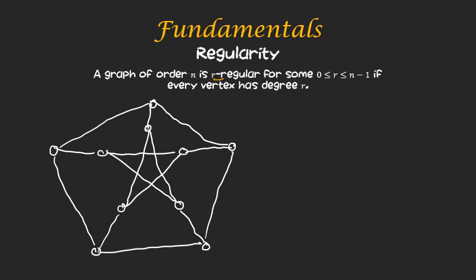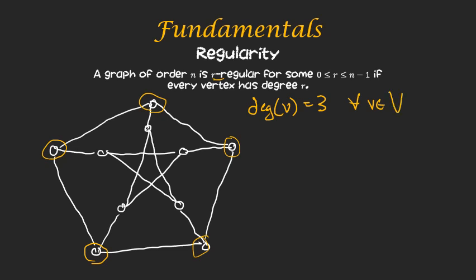One special property of the Petersen graph is that if I look at every vertex, you'll see that there are 3 incident edges with every vertex, or that the neighborhood of every vertex has 3 vertices in it. So this is the degree of every vertex: degree of v equals 3 for all v in V. When this happens, we say that it's 3-regular.